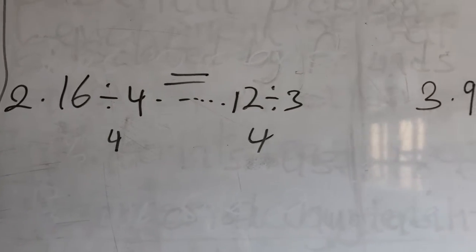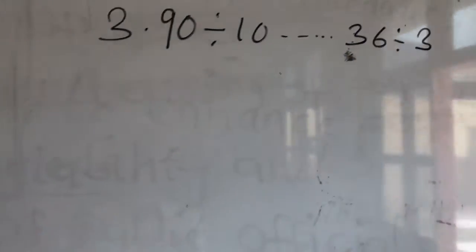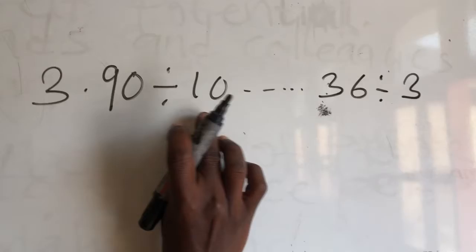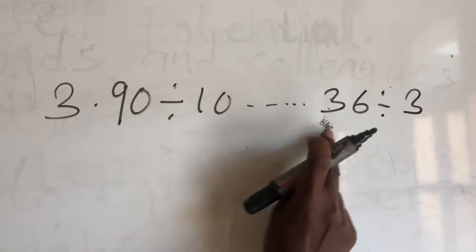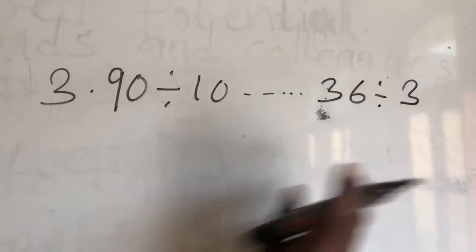Let's continue with the next, which is 90 divided by 10 and 36 divided by 3. Okay.